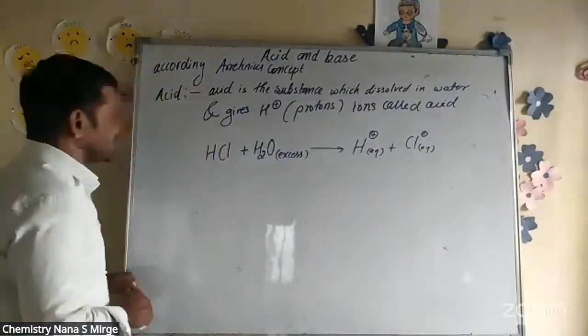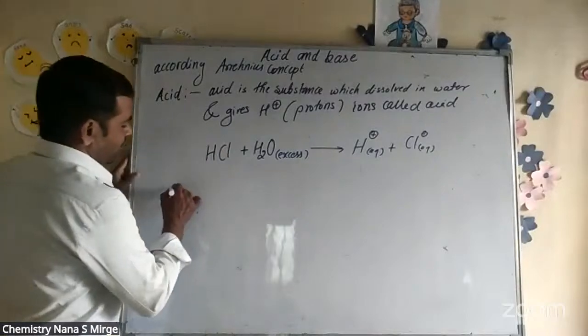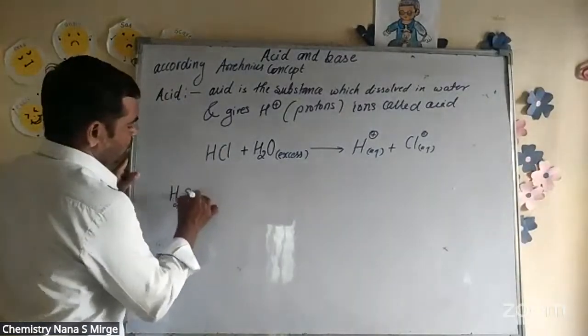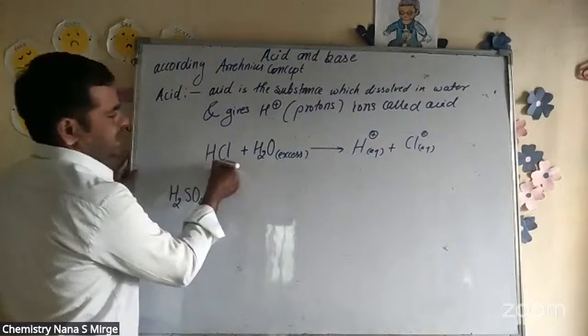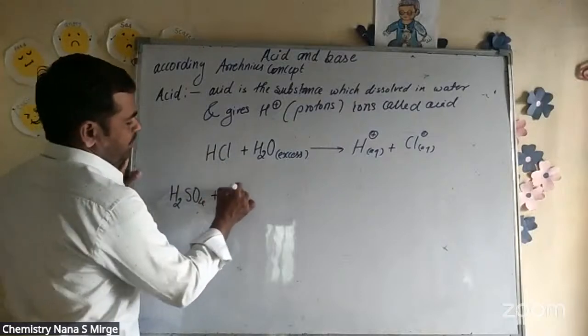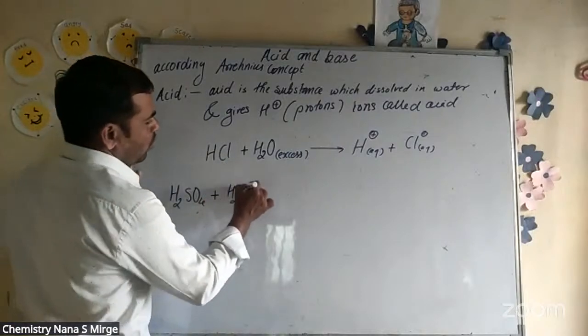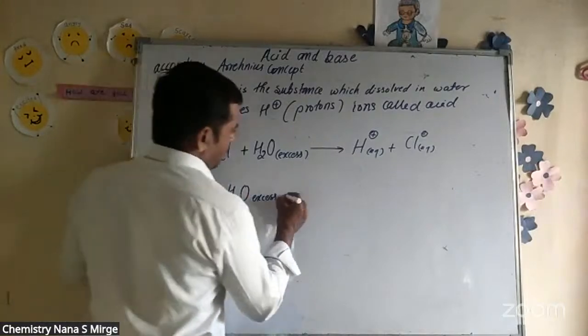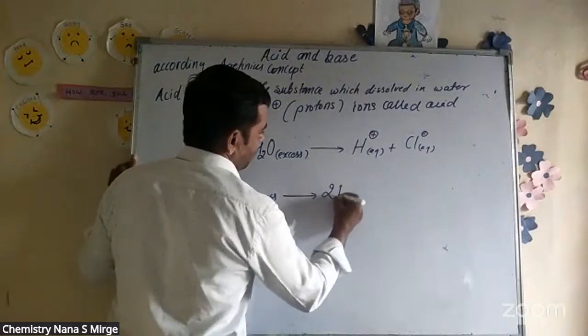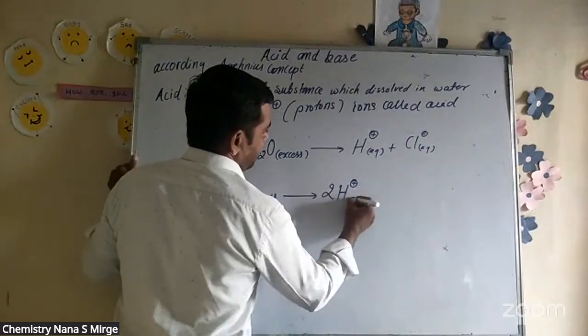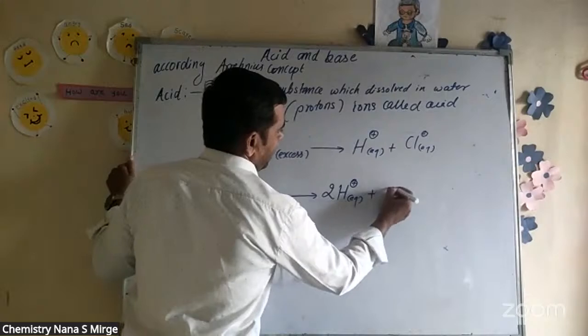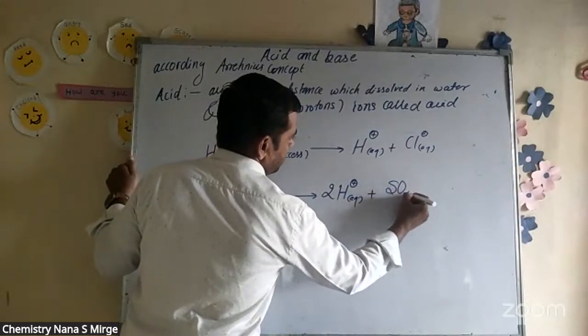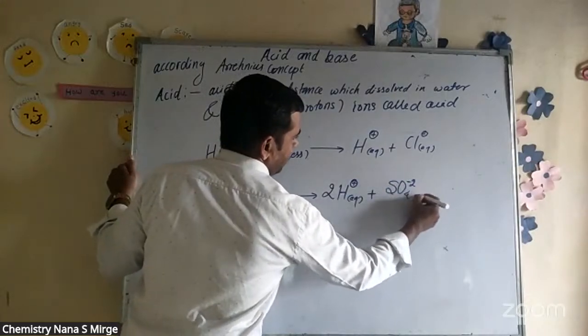So next example of acid: suppose you have H2SO4, sulfuric acid. The previous one was hydrochloric acid. When H2SO4 is put in excess water, it gives two H plus ions in aqueous form and SO4 twice negative in aqueous form.